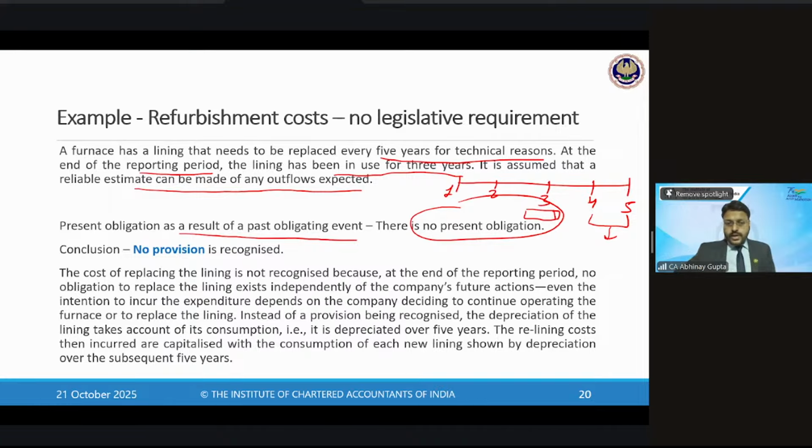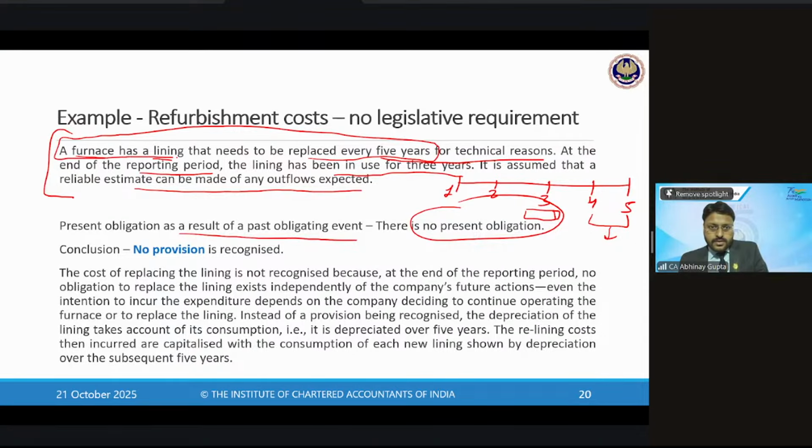So as soon as you read this paragraph, a furnace has a lining that needs to be replaced every 5 years, that's it. This line itself is saying a lot. Yes or no? What are the recognition criteria for Ind AS 16?